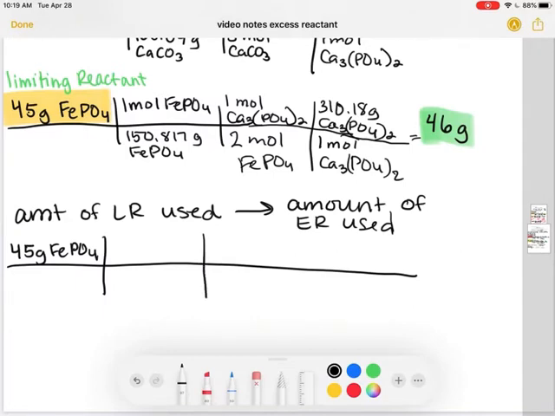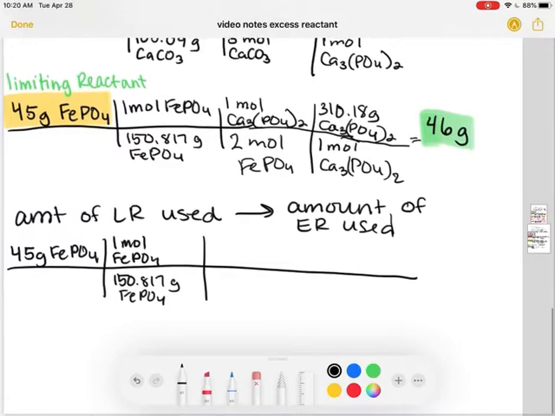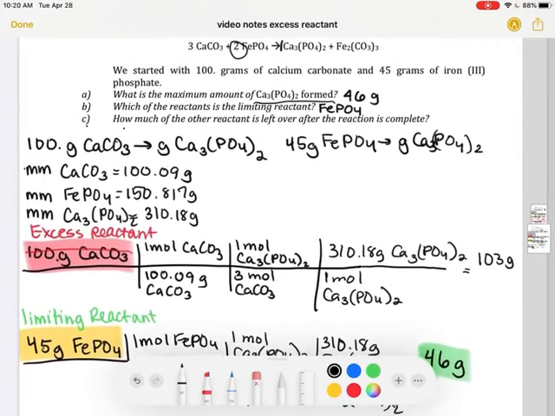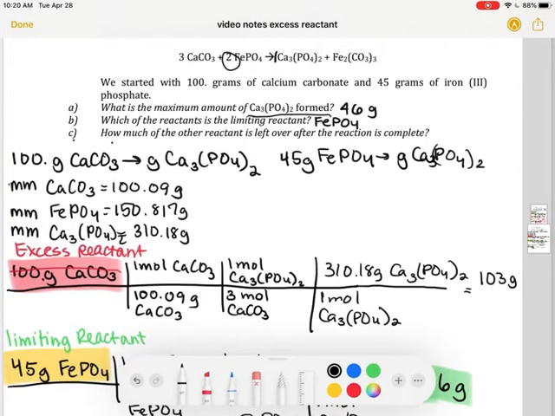Okay, we're going to get rid of grams, and 1 mole of FePO4 is 150.817 grams of FePO4. Okay, so now we're going to switch over from our limiting reactant to our non-limiting reactant, from iron 3 phosphate to calcium carbonate, and that is a 2 to 3 mole ratio.